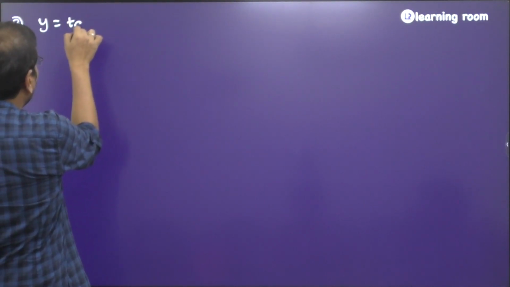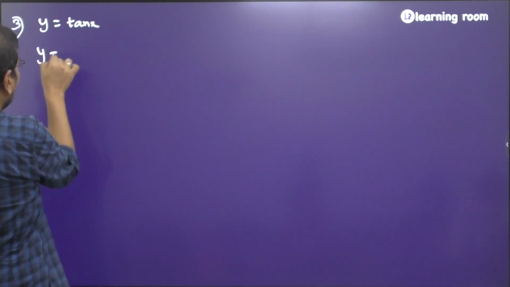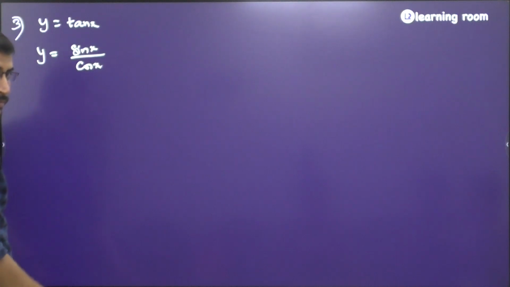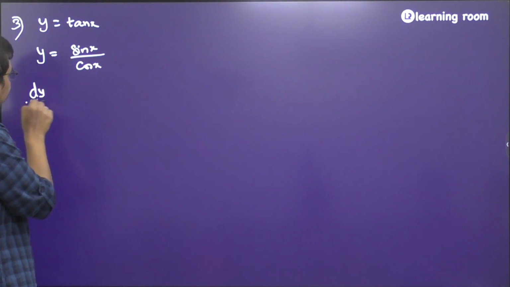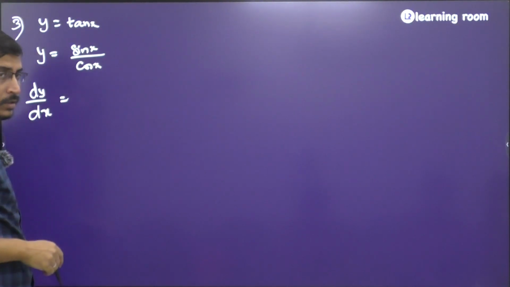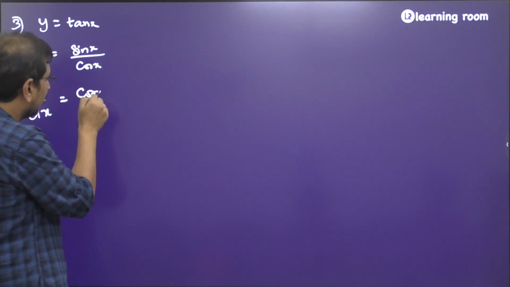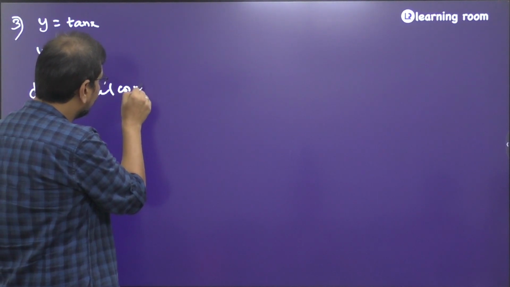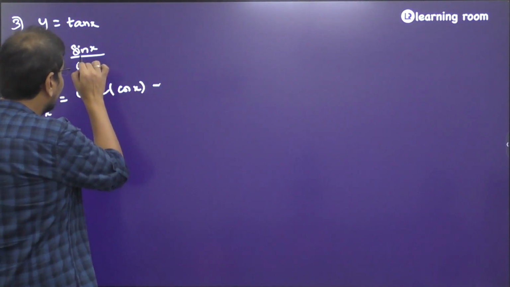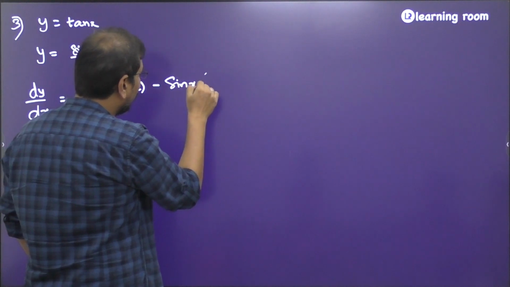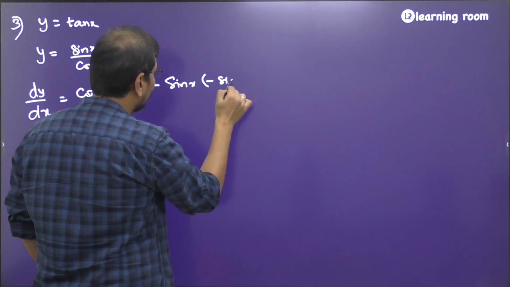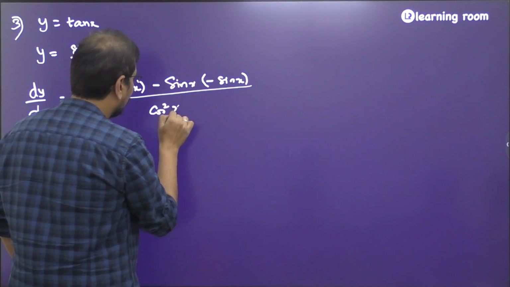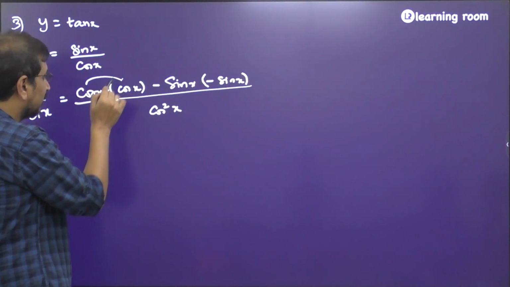So y is equal to tan x is there, no? So y will be equal to, can I write it as sin x divided by cos x? So dy by dx will be equal to cos x into derivative of sin x, which is cos x, minus sin x into derivative of cos x, which is minus sin x, the whole divided by cos square x.